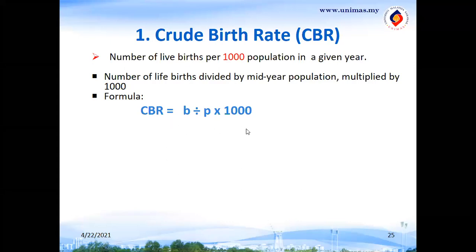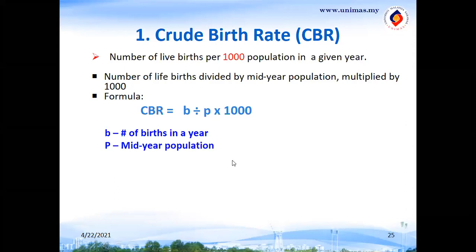Okay, so that's the formula to calculate the crude birth rate, CBR. B refers to the total number of births in a year, and P is the mid-year population.